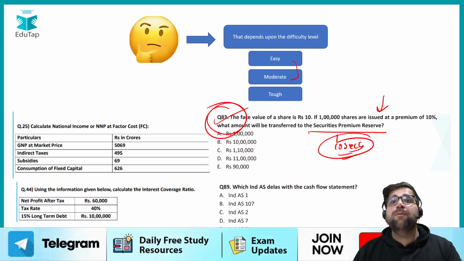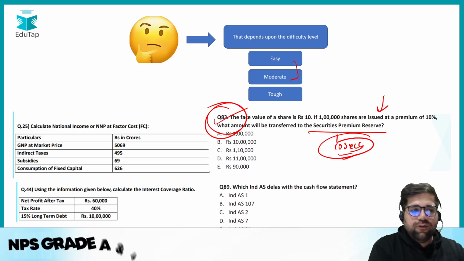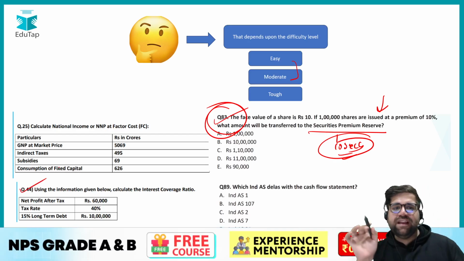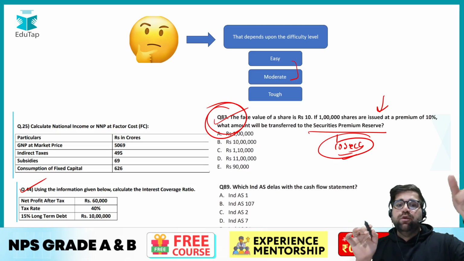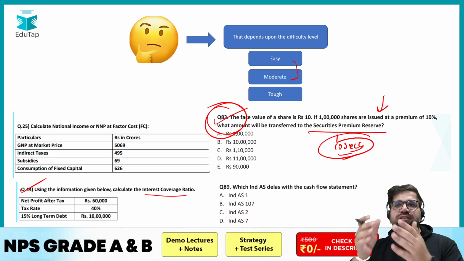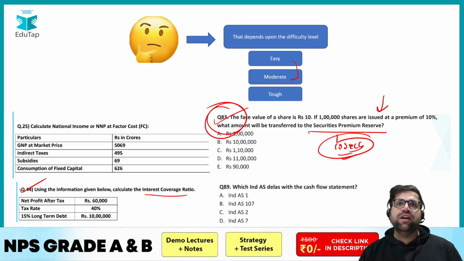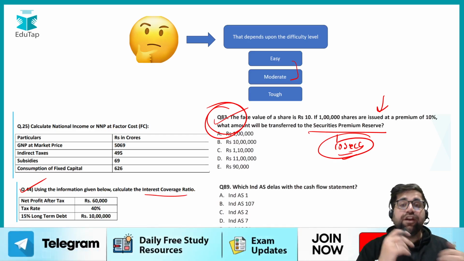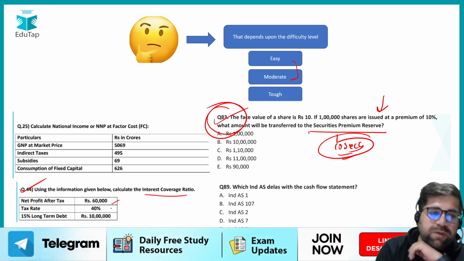Now, what can be a moderate level question? A moderate level question can be like this, where they are asking you to calculate the interest coverage ratio. Now, we all know that there is a formula for it. You need to calculate earnings before interest and taxes. Now, how to calculate it? They have given you multiple values.